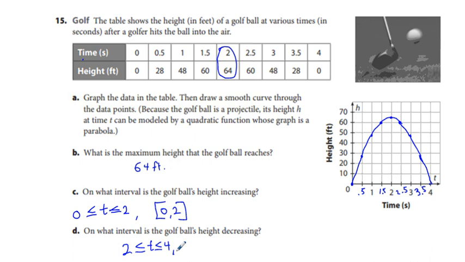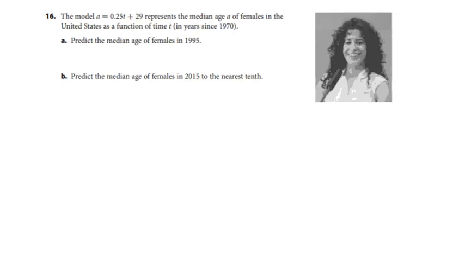And again, in interval notation, open with a bracket, 2 to 4. And it can be argued that parentheses may be used instead of brackets. But that's it. Number 16 is a matter of, you're given an equation. It should be very easy.